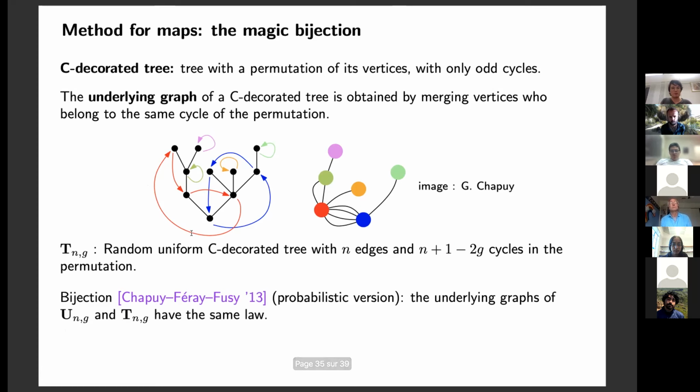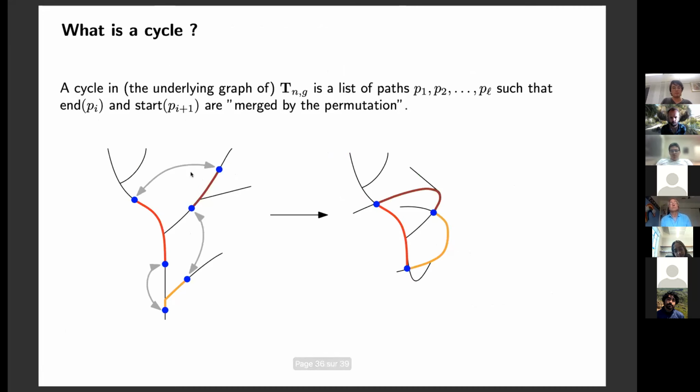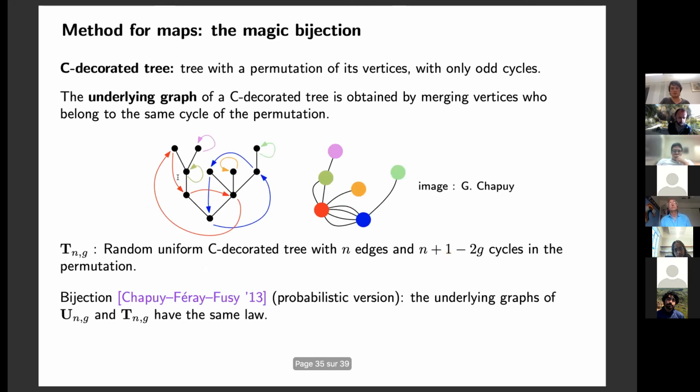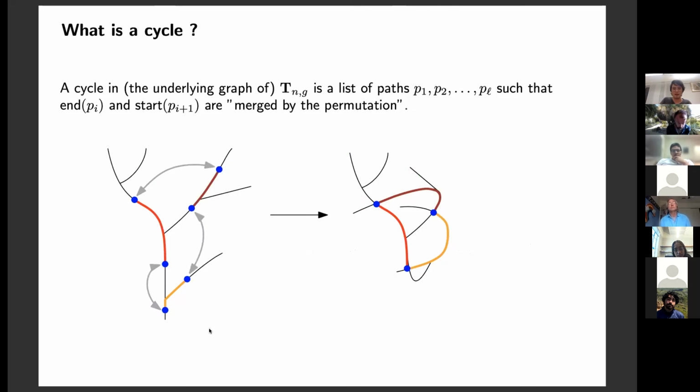And very briefly, how do we count cycles? I'm sorry, this is going to be maybe a bit quick. If you go back to the model of trees, since you build your map by taking a tree and gluing certain vertices together, a simple cycle is, very roughly, a set of paths such that the endpoints get glued together when you go from the tree to its underlying graph.